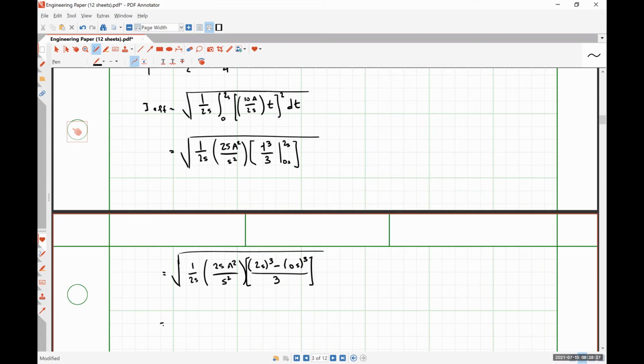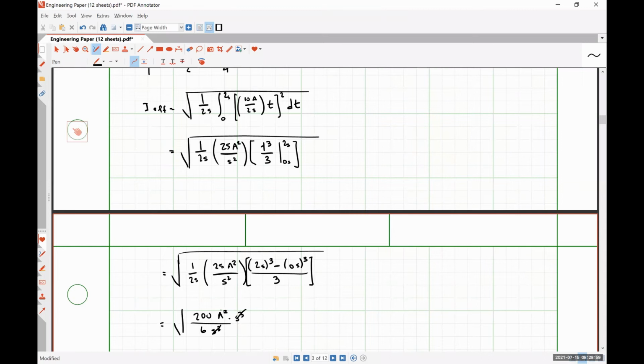And so this is going to look like, let's see, 25 times 8 is 200. So 200 amps squared. And then I have 2 seconds times second squared, which is going to give me 2 seconds cubed times 3. So 6 seconds cubed. But I also have seconds cubed in my numerator.